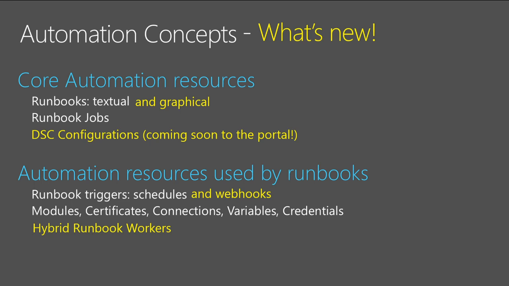To trigger your runbooks, we now have webhooks, as Chris mentioned before. So that's just with a simple HTTP post. You can start your runbook from any app. And then the ability to run your runbooks not only on our highly available Azure Automation service, you can also set your own workers up, and we'll show you how to do this today.